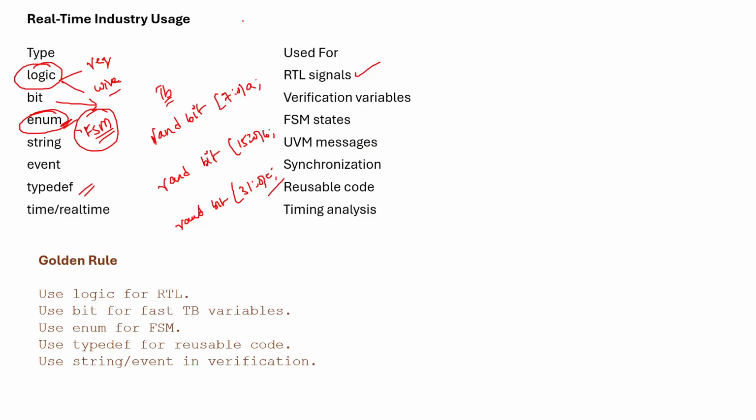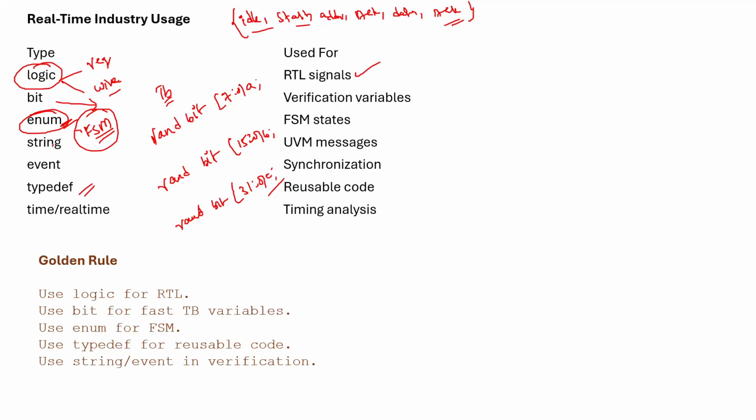We have states like idle condition, start condition, address state, after that acknowledgement, and then data state, then acknowledgement state. In this way, different states are there in your FSM, and at that time I will use the enum data type.